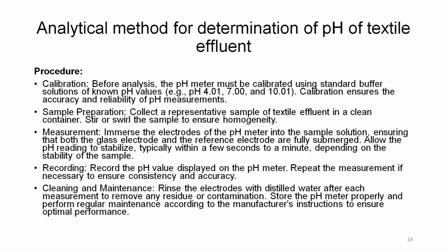Store the pH meter properly and perform regular maintenance according to the manufacturer's instructions to ensure optimal performance. And let me tell you, because the textile effluent is not a clear solution, this post cleaning of the pH meter becomes mandatory and essential.